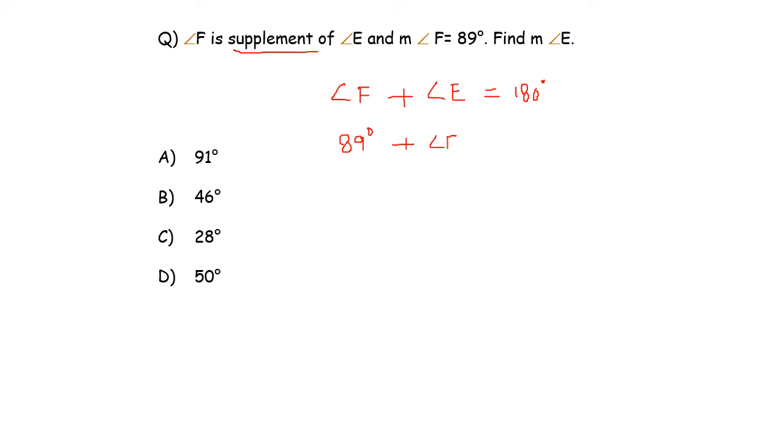I can assume X also, or you can just write angle E, both are acceptable. So angle E is equal to 180 minus 89. That 89 will come on the right-hand side, and because it was addition on that side, here it will be subtraction. If you remove 89 from 180, the answer will be 91 degrees. So this is the answer, right?